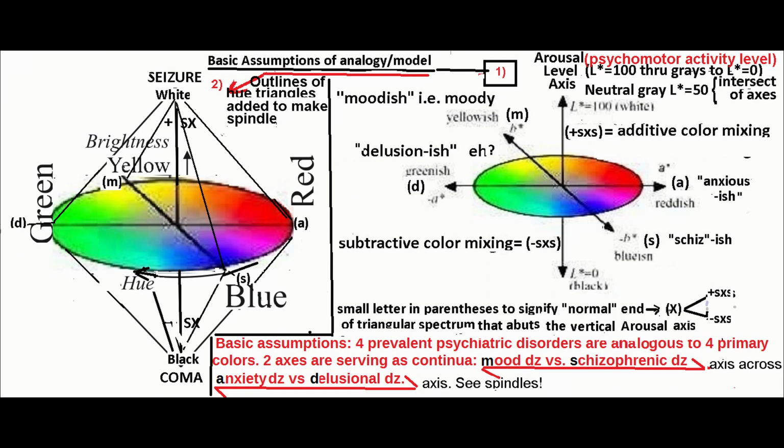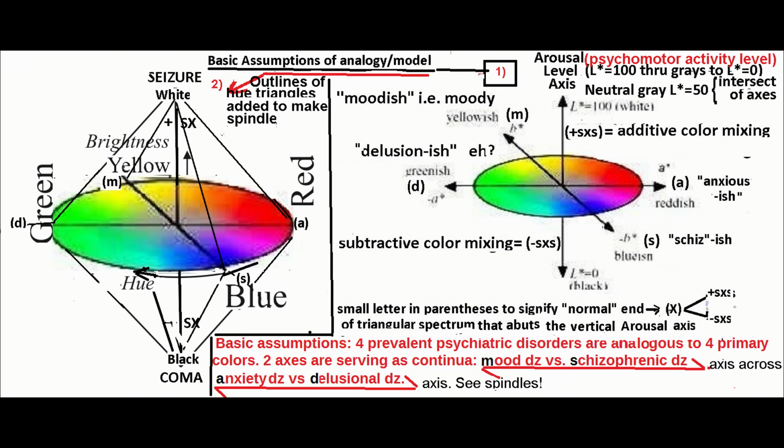In the bottom part of this spindle, you have the black down on the bottom, and it says coma, where the central nervous system becomes less active. There are also negative symptoms down at the bottom, and these are symptoms that are noted by their absence. This will become more apparent as we get going here. A lot of this you'll just have to read to try to make sense out of it.